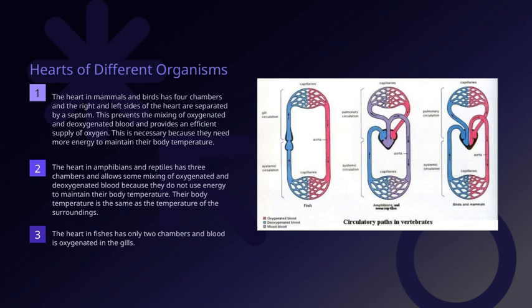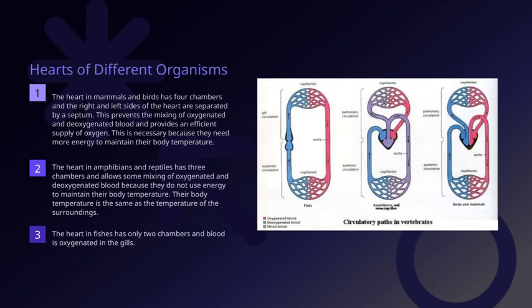This setup allows some mixing of oxygenated and deoxygenated blood, which is okay because these animals don't need to use a lot of energy to maintain a constant body temperature. Their body temperature tends to match the temperature of their environment, so their circulatory system reflects that. Finally, in mammals and birds, the hearts are more complex, with 4 chambers. The right and left sides are separated by a septum, preventing the mixing of oxygen-rich and oxygen-poor blood.